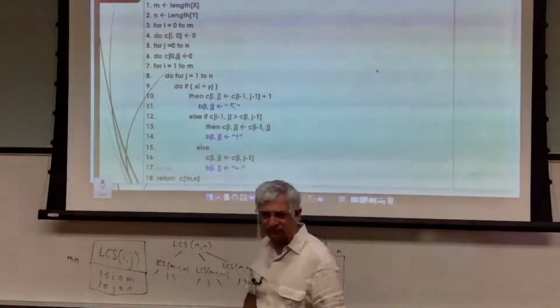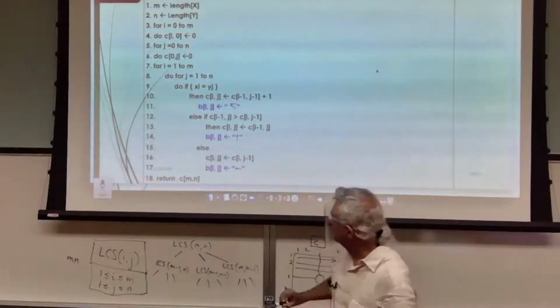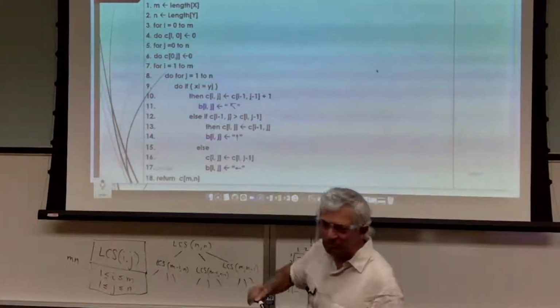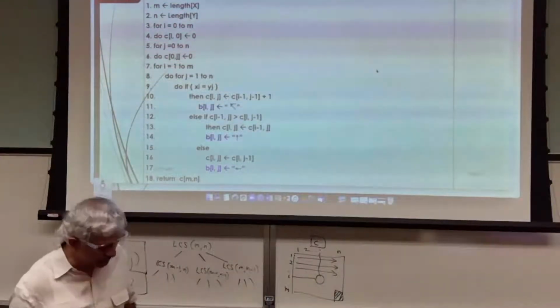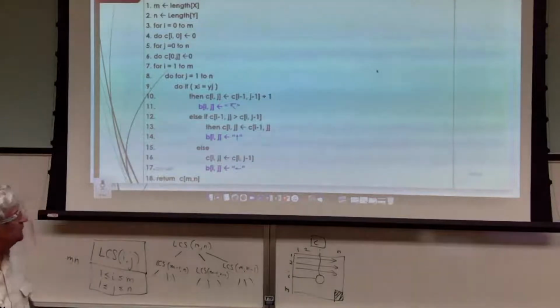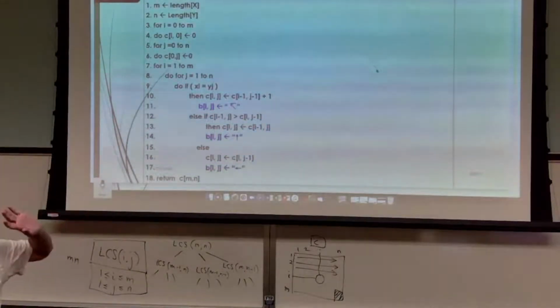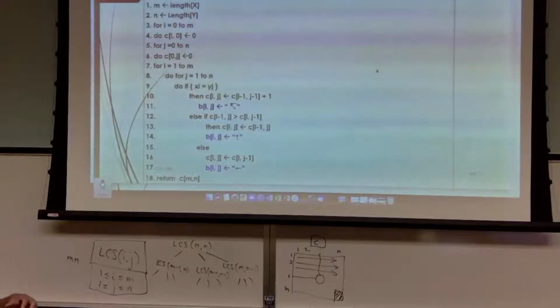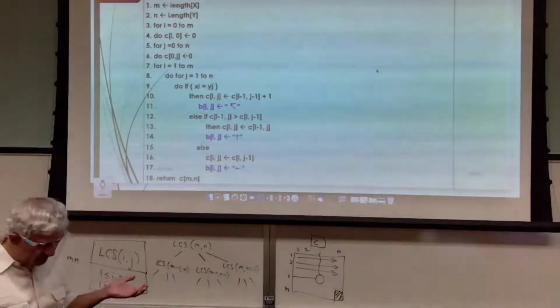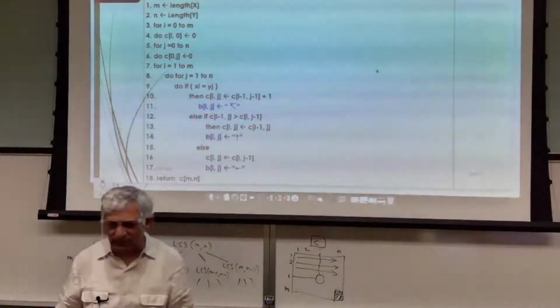Otherwise, it'll become C of i, j minus 1. There's a bunch of things in blue. I'm going to explain that a little bit later. So this is basically our solution, and it's correct, and it works. One way to think about this is that it's a non-recursive version of the recursive program that we wrote.